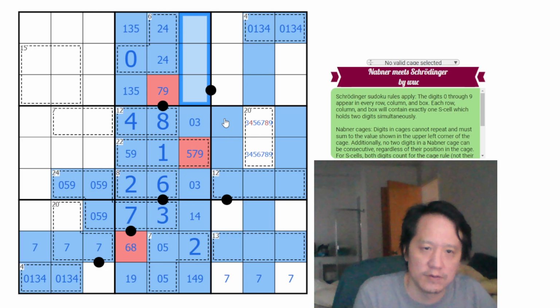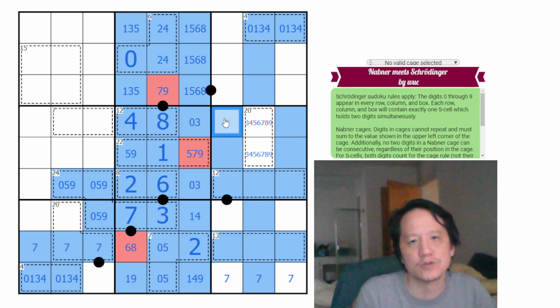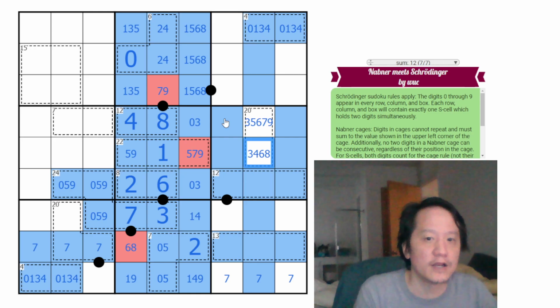Or 7 or 9. So it could be 1, no 3, no 2, no 4. Could be 5, 6, and 8. Those are the possibilities. So this cannot be 4, 8 here. This cannot be 5, 7, or 9 here.